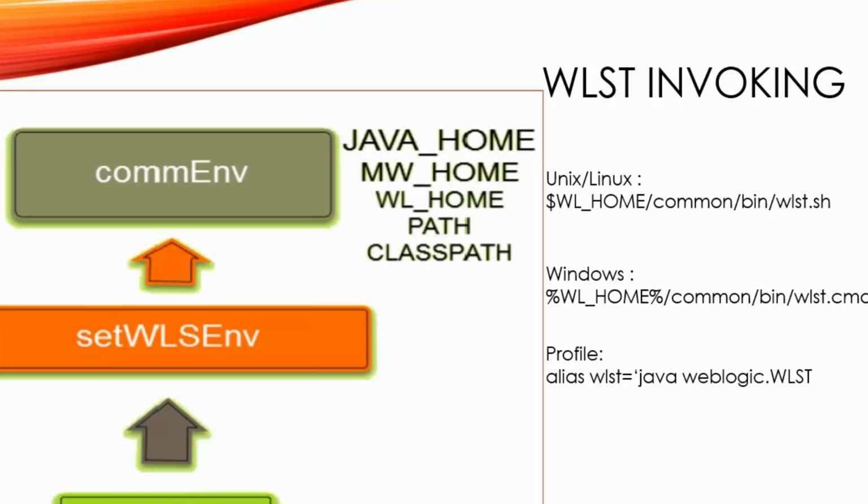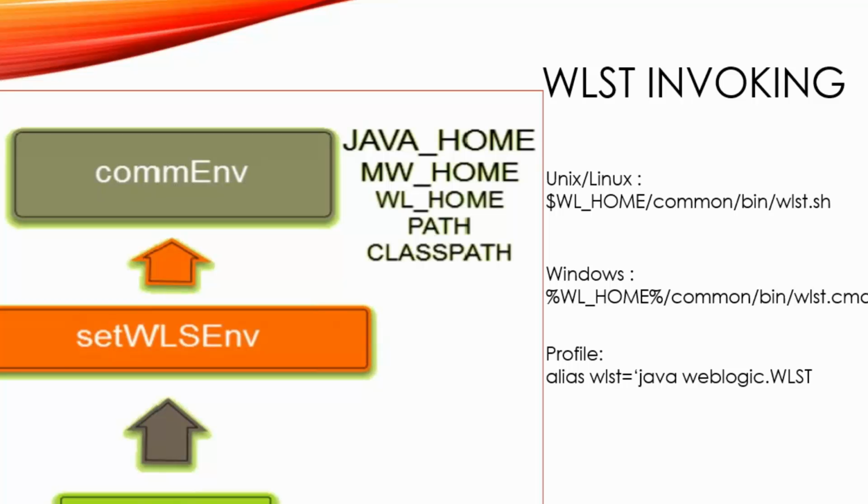These environment variables are set by a chain of calls to different batch scripts. In Unix and Linux, you get the same sequence. You can get wlst.sh or wlst.cmd from the WebLogic home common bin directory.